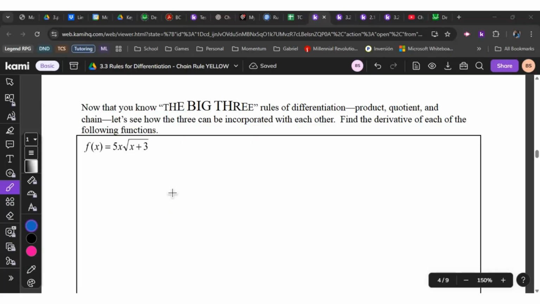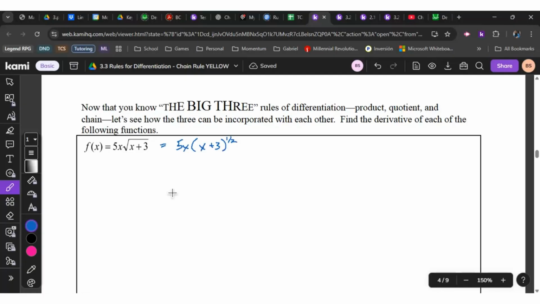We're going to look at doing multiples of them. So we already did one question where we did product and quotient rule. What is this one going to be? What are the 2? Chain and product, right? There's something multiplied and there's a chain rule because there is a square root. So we could think of this as really being 5x times x plus 3 to the 1/2.